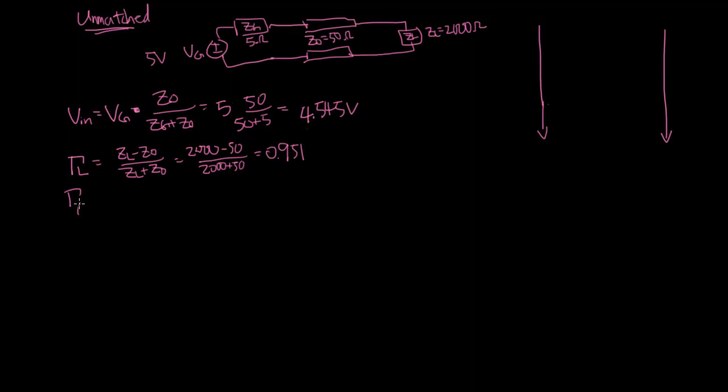And then on the generator side, you're going to have 5 minus 50, so ZG minus Z naught, new minus old over new plus old, and it's going to work out to be minus 0.818. So if we go back to our little picture, over here on the load side we have 0.951. On the generator side we have minus 0.818.